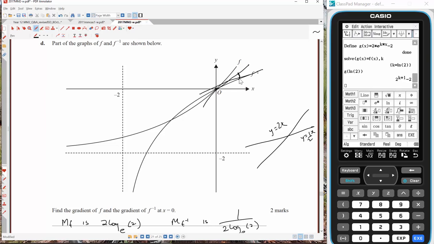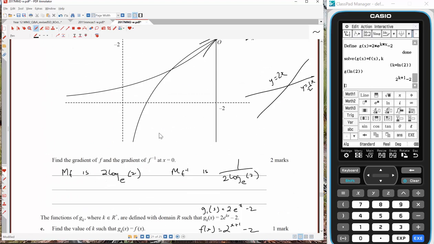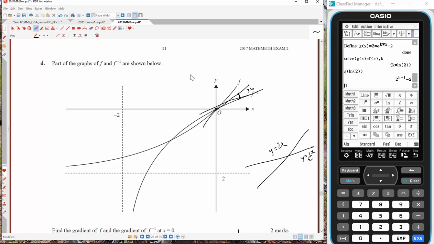I know that this is f and f inverse, but gk and gk inverse are just transformed versions of this by a factor of k and 1 on k respectively. So essentially we want the angle between the function's tangent and the tangent to the inverse at 0 to be 30.